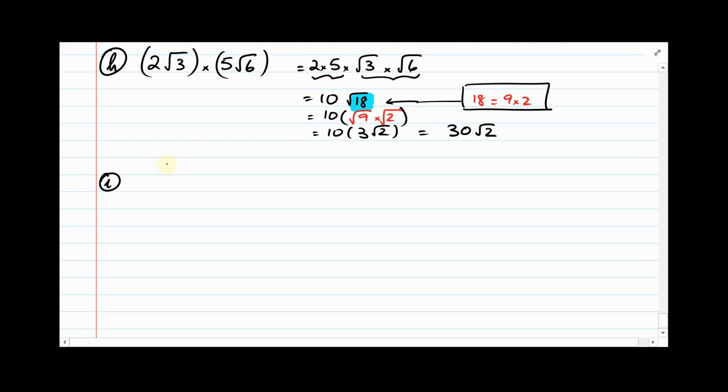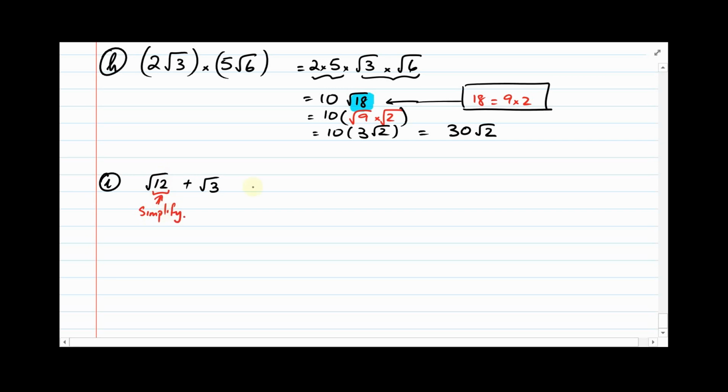So let's look at part I. I'm given the square root of 12 plus the square root of 3. Don't just look at that and say, oh, these are unlike terms, and hence there's no further that I can go. Look carefully, and you'll notice that this is not simplified. So your first job will be to simplify it.